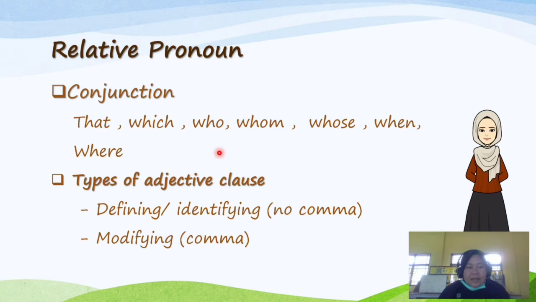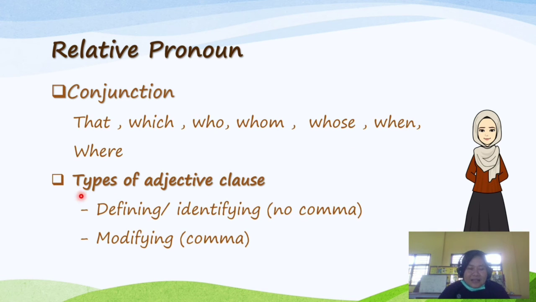I hope that you understand the meaning once again, because by knowing the meaning of this conjunction, you can choose the correct conjunction to support your sentence.